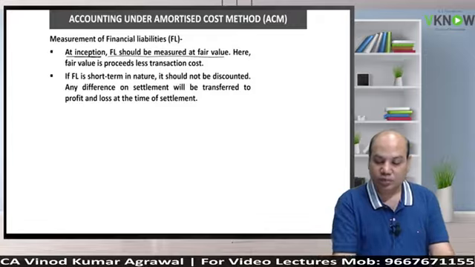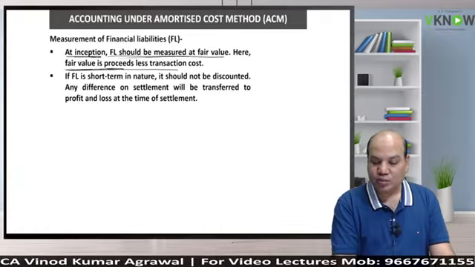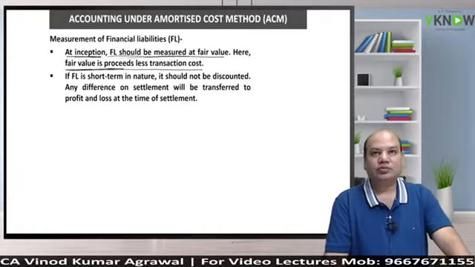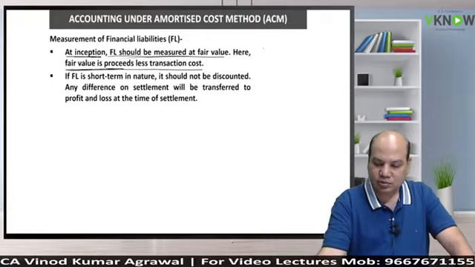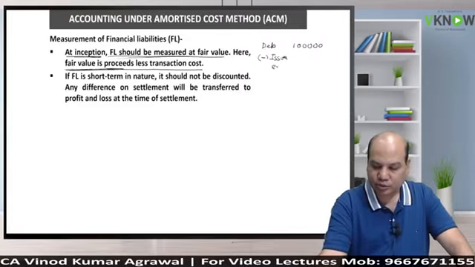So how do we compute the fair value? It is usually proceeds minus transaction cost. Like debenture issued 1 lakh minus issue expenses, flotation expenses 2,000, 98,000.